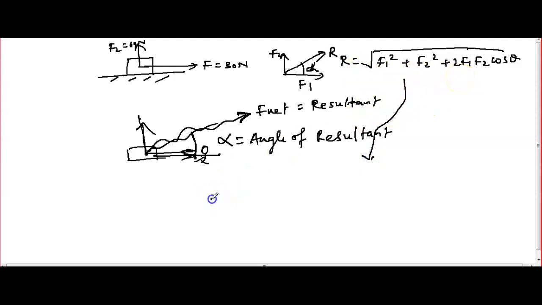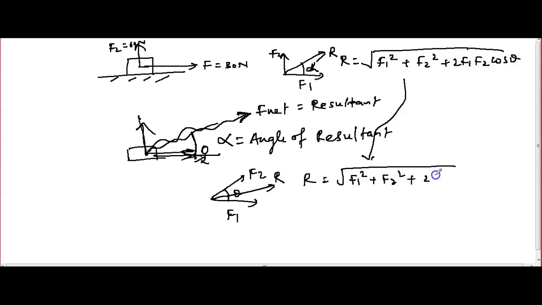Getting here? If any two forces, consider F1 and F2, act in different directions with angle theta, the resultant will lie between these two forces. The formula is the square root of F1 square plus F2 square plus 2 F1 F2 cos theta. What is theta here? The angle between the two forces. Here the angle between the two forces is 90, so cos 90 becomes 0.